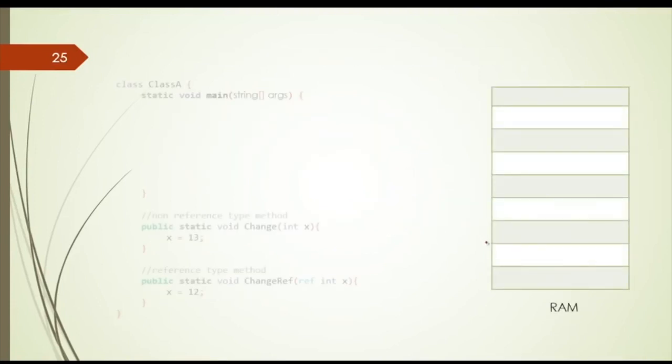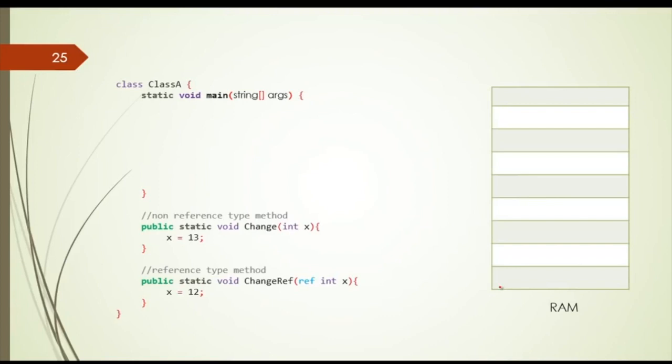That's it. So what happens when we have primitive types? Let's say an int. So let's say we have an int of 51 and it creates a new memory location with 51.